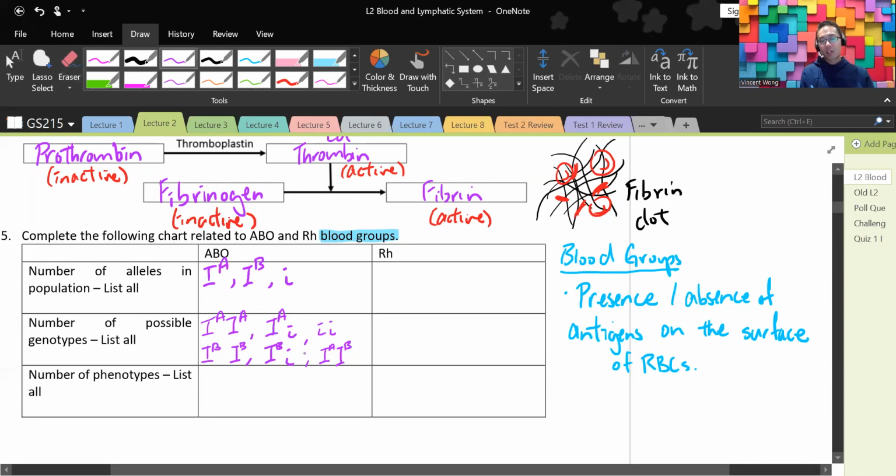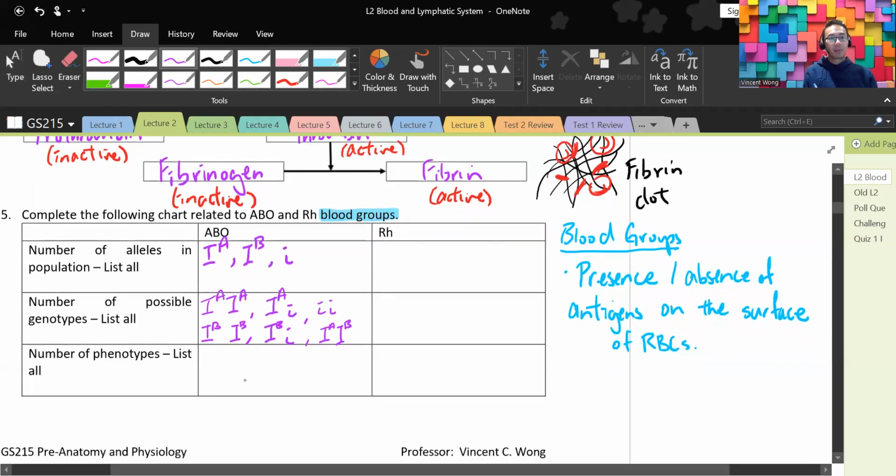Okay. Again, all these are explained in a lot of details in the recordings. So if you haven't had a chance to watch them, please do so. And phenotypes would be the expression of the genotype, right? So in other words, if you inherited the IA IA gene, what actually would be your blood type? So both IA IA and IA small I would be type A blood.